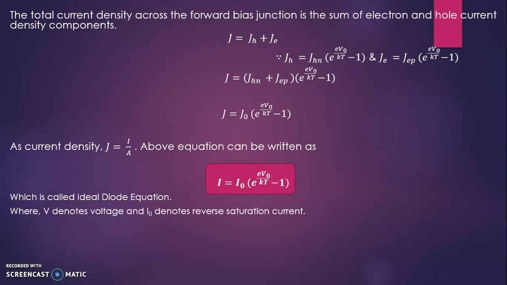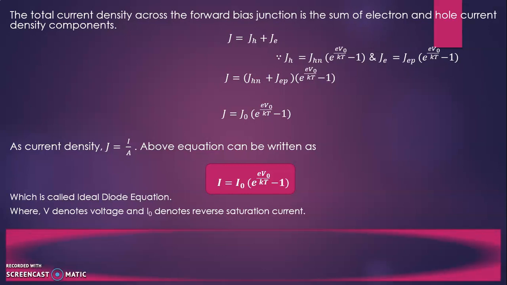V denotes the voltage and I0 denotes the reverse saturation current. We know the reverse saturation current in reverse bias, so that term we are keeping as I0.